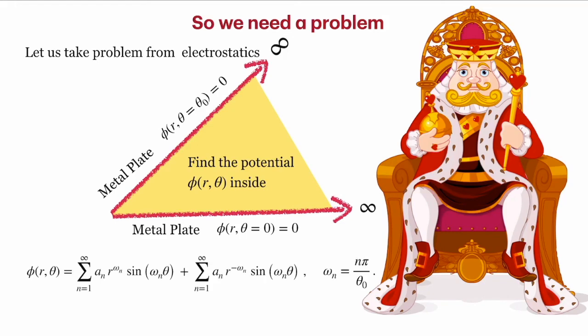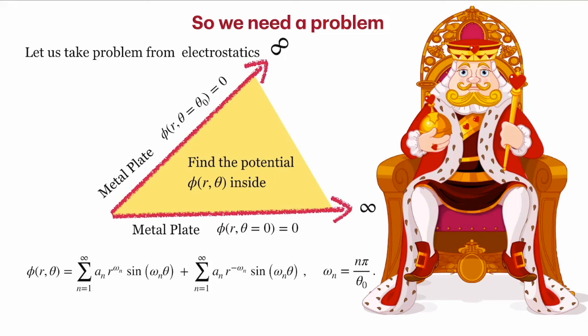We can use polar coordinates, and in this case we know that we can write down the solution as phi of r, theta equal to sum n going from 1 to infinity a_n r to the power omega n sine omega n theta, plus sum n going from 1 to infinity b_n r to the power minus omega n sine omega n theta.